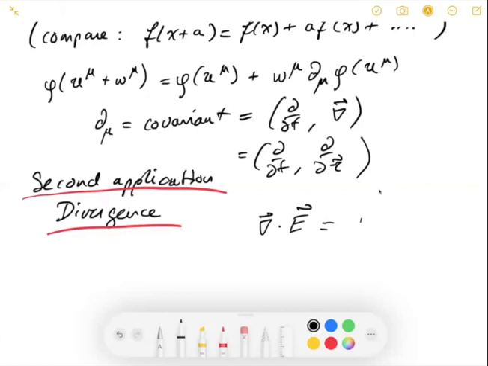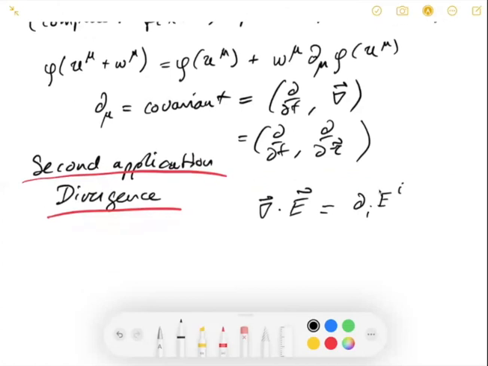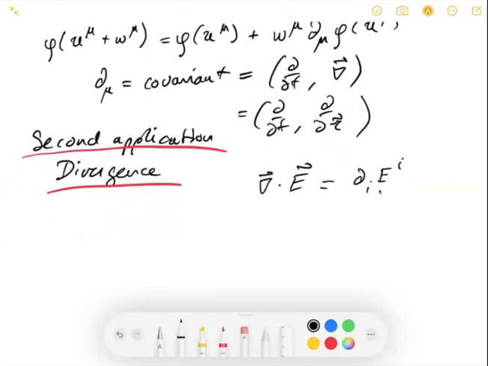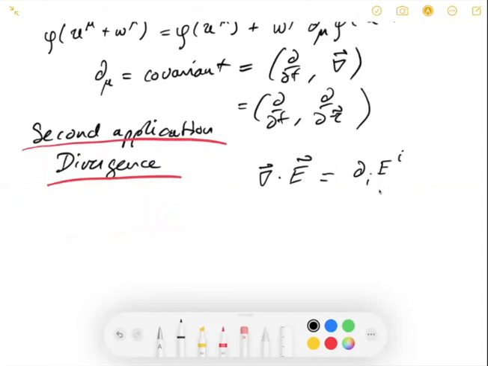We already at some point started writing things like this, but I want to stay away from the electric field for a little bit because we have not really discussed the tensor form of the electric field. So let's just take instead of E some vector field V.